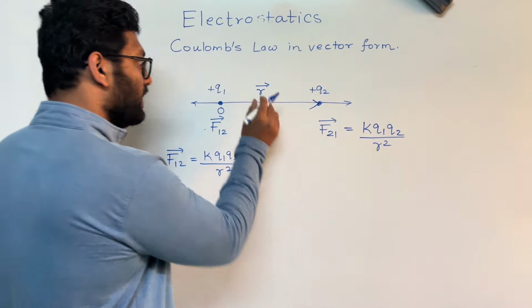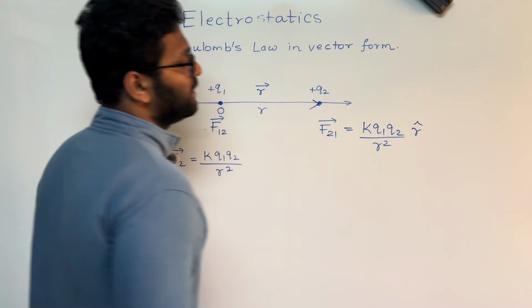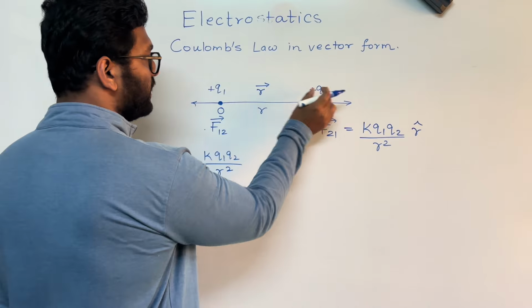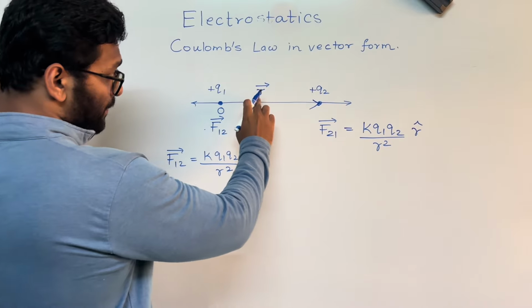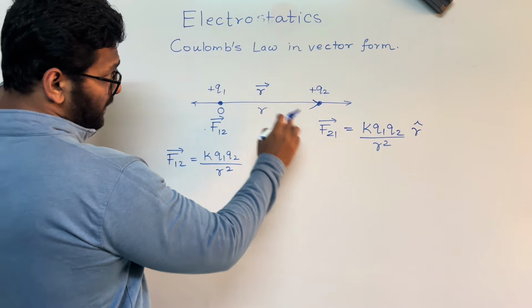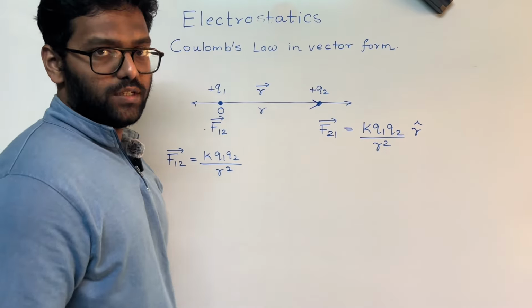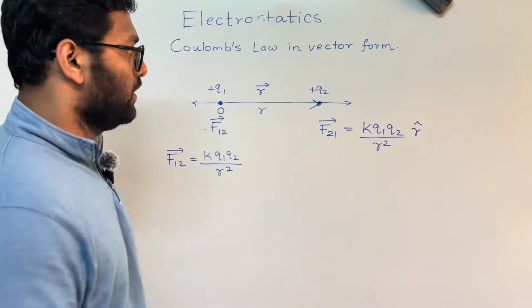So this is R cap, the direction of this force, same as the direction of R bar. This is the magnitude, and the direction is given by R cap. The unit vector times the magnitude is that vector.